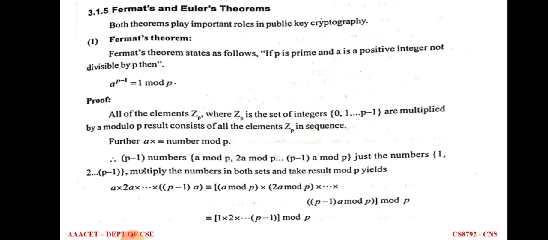The result is a mod p into 2a mod p up to (p minus 1)a mod p, and finally we apply the modular arithmetic operation to the whole set. In the second step, we can simply take a out, and write 1 into 2 into up to p minus 1 on the outside, mod p. The outer value a can be written as a common value here.